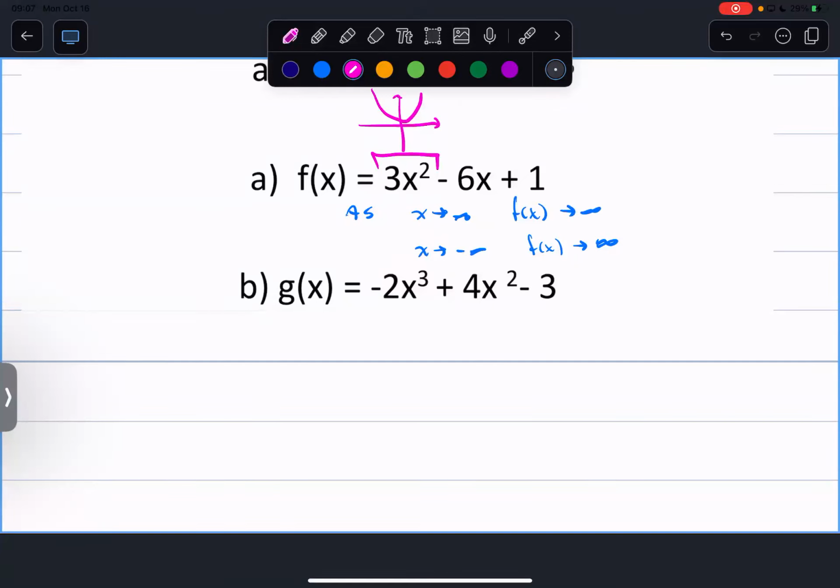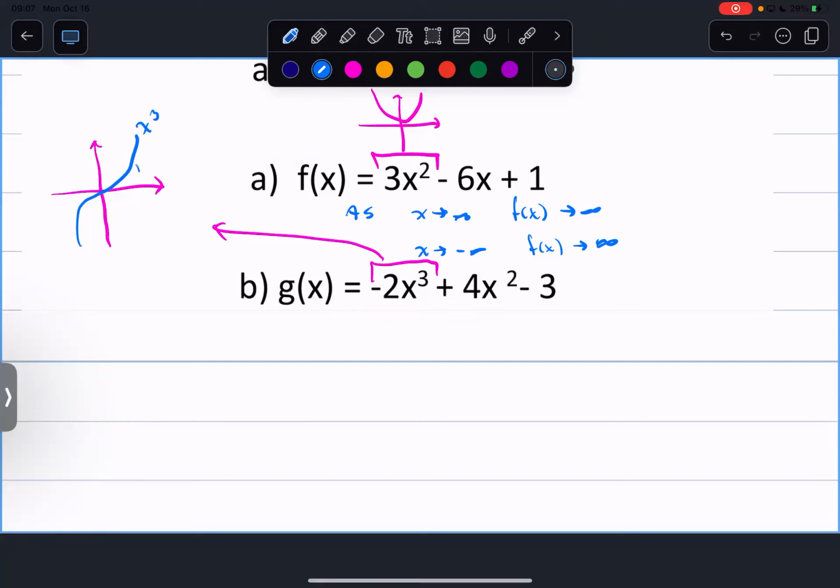This one's a little sneaky, right? The leading term is negative 2x to the 3, but it's going to have the overall behavior of the leading term. And so that negative is going to do the flip. Now, I like to always just think about my base function, that toolkit function, x to the power of 3, which I know what it looks like.